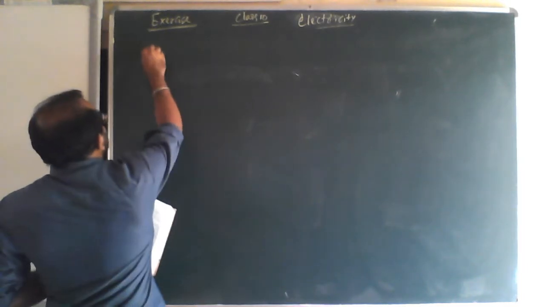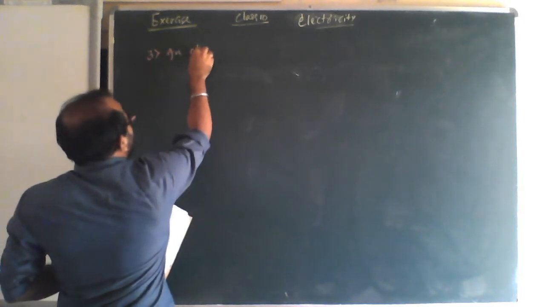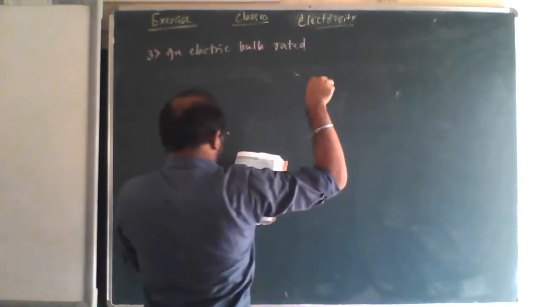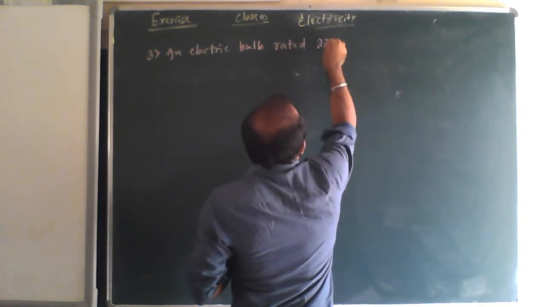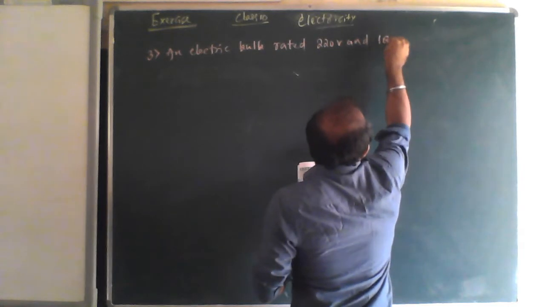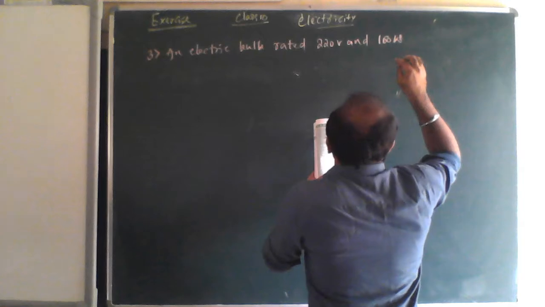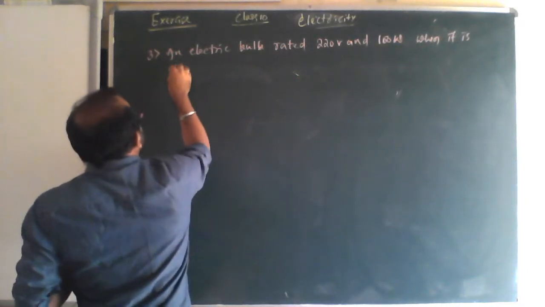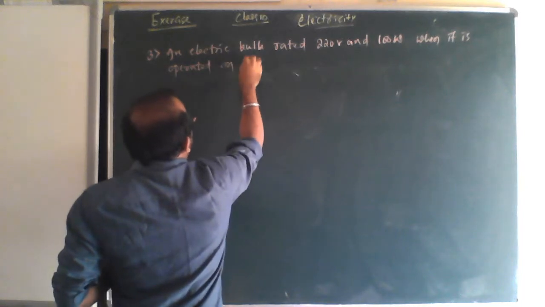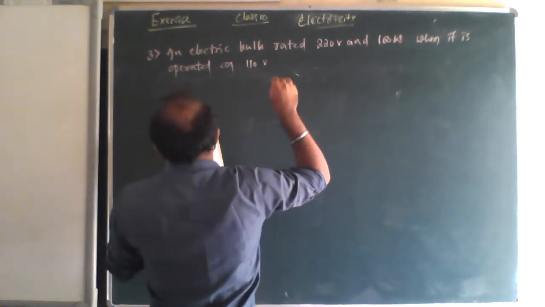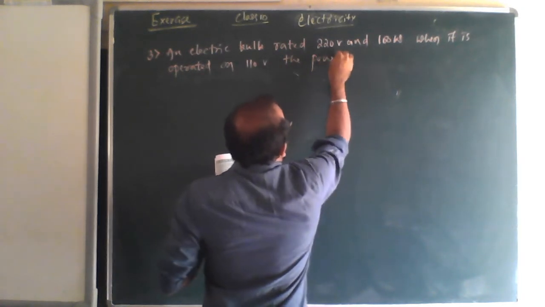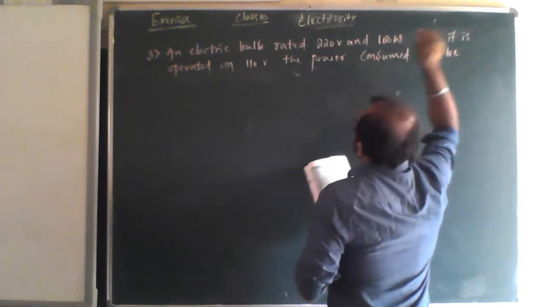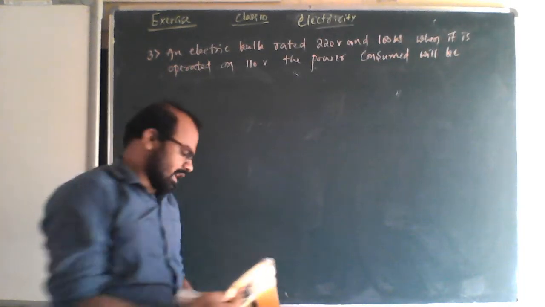See, the third question is: an electric bulb rated 220 volt and 100 watt, when it is operated on 110 volt, the power consumed will be.